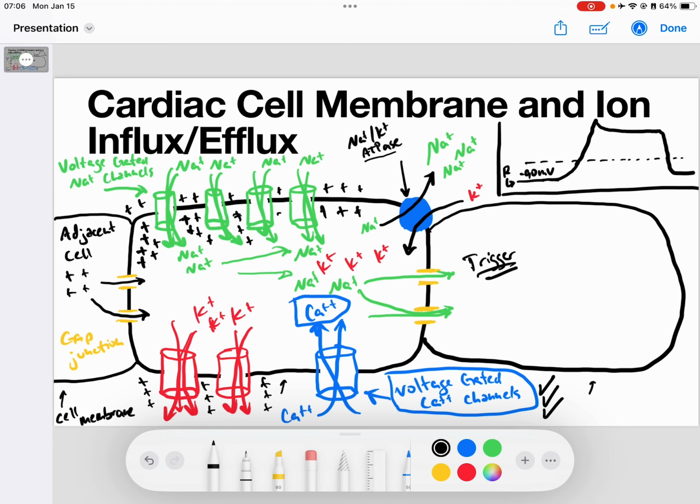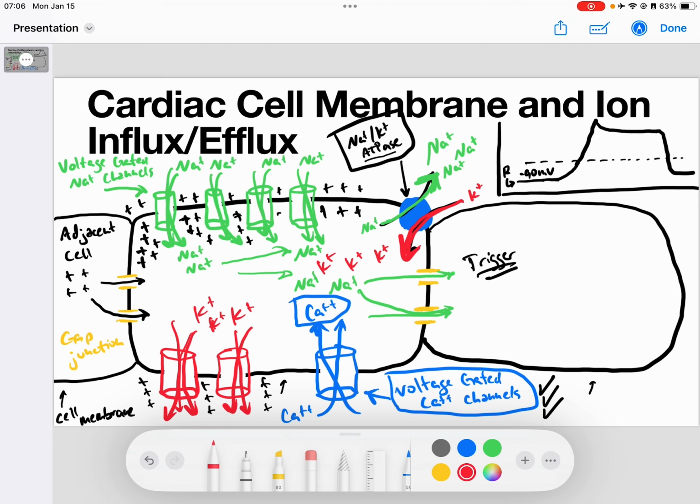And once this entire cycle is completed, we now have sodium that has rushed inside the cell, potassium that has rushed outside of the cell, and we've got this sodium-potassium ATPase to get to work for a split second and pump all of the sodium back out to reestablish our ion gradients and pump the potassium back in to reestablish the ion gradients. And so that is how we get cardiac depolarization.